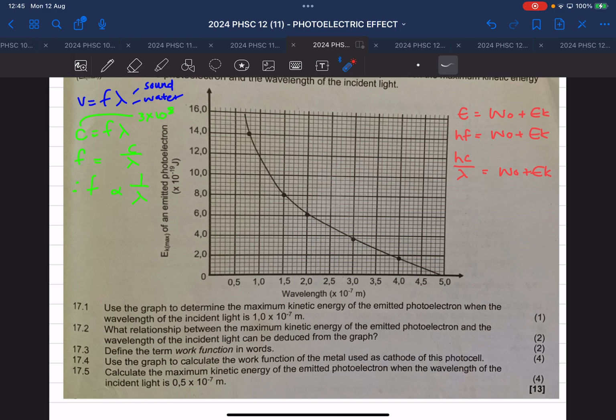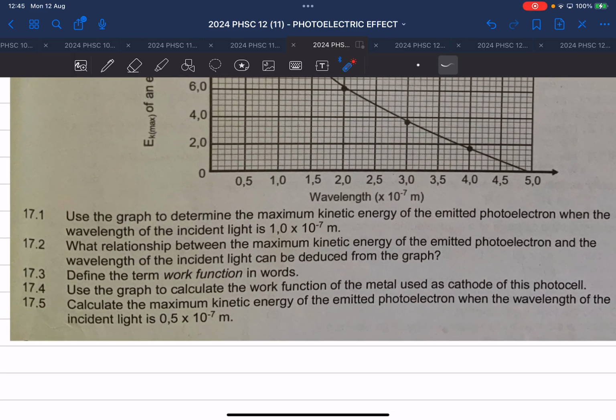So you're going to say the maximum kinetic energy of an emitted photoelectron is inversely proportional to the wavelength of the incident light. You give back the words that they give you. You're not just going to say inversely proportional. You must say what is inversely proportional to what.